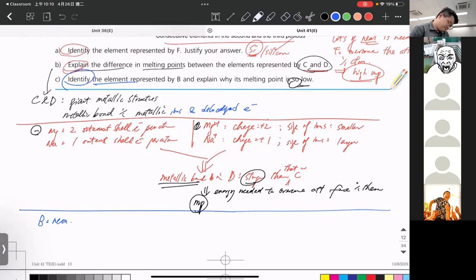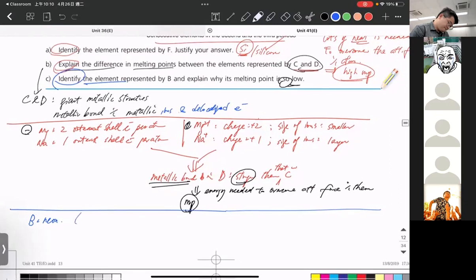Neon has a monoatomic structure, which is a simple molecular structure. Yep, held by weak van der Waals forces. It is dispersion forces. Therefore, little heat is required to overcome the attraction forces. Therefore, the melting point of neon is so low. Good.